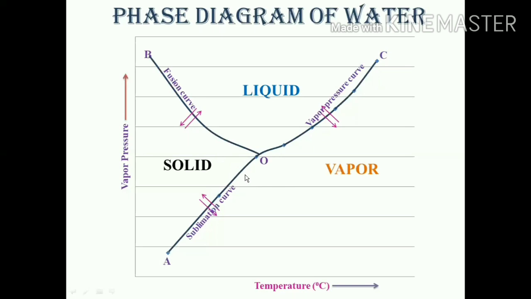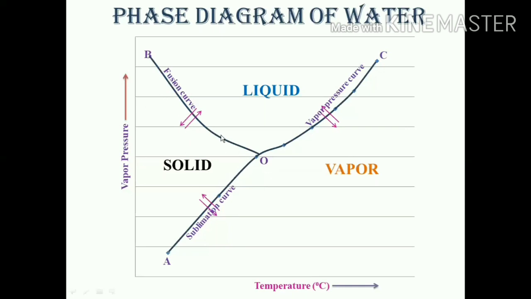For example, the AO curve lies between solid and vapor phase, so it represents the equilibrium state between the solid and the vapor phase, right? The OC curve lies in between the liquid and the vapor phase, so definitely it is going to represent the equilibrium state between the liquid and the vapor phase of water. And likewise, the story continues for the curve OB also. And the second part of this phase diagram of water is the areas.